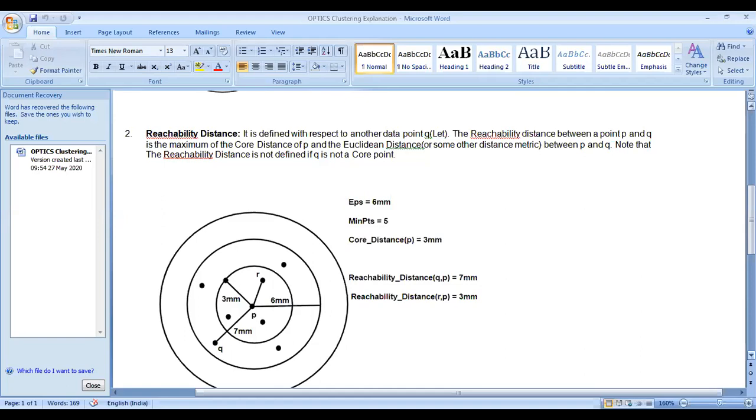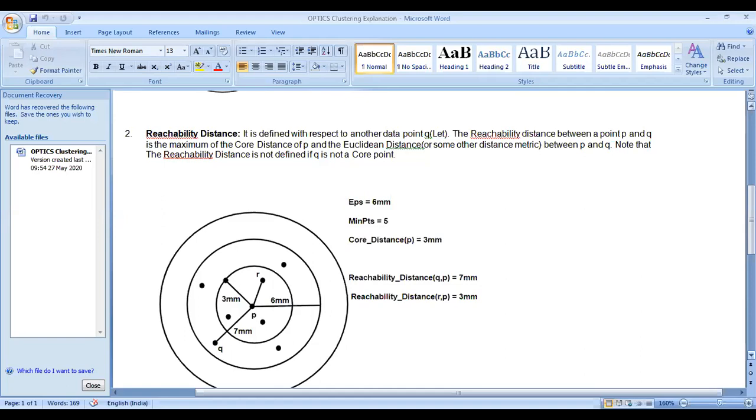Similarly, for a point R, the distance between P and R is less than 3 millimeter, and the core distance is equal to 3 millimeter. So the maximum of 3 millimeter and less than 3 millimeter is 3 millimeter.